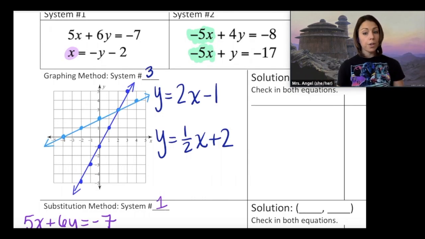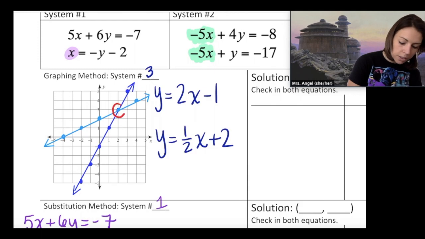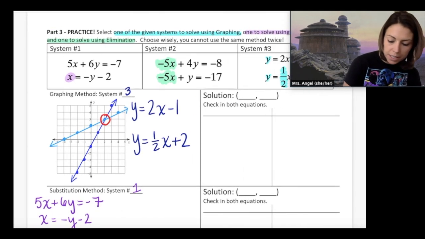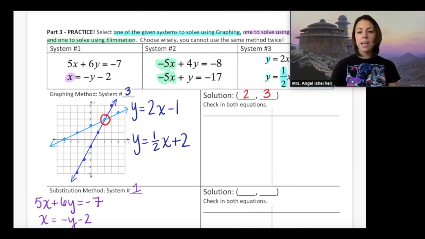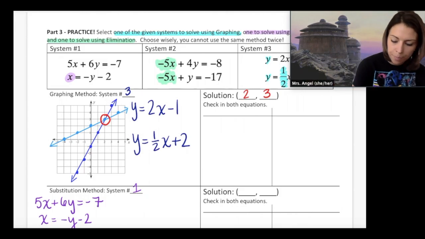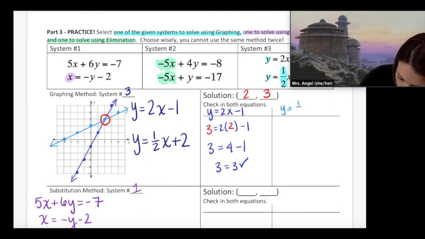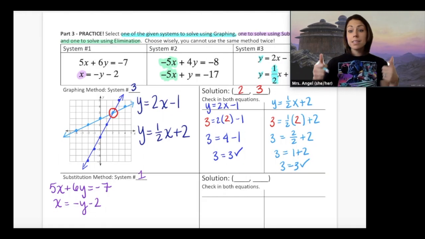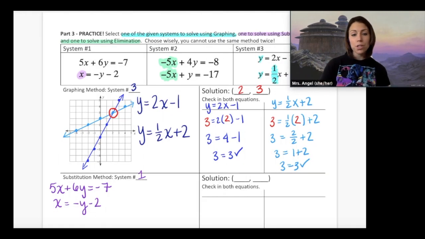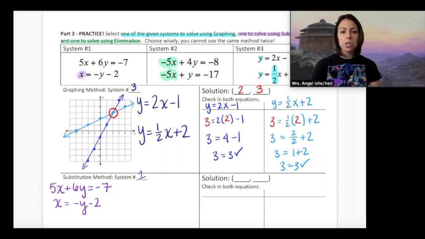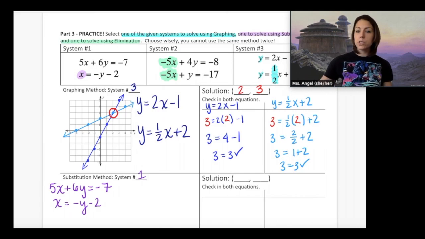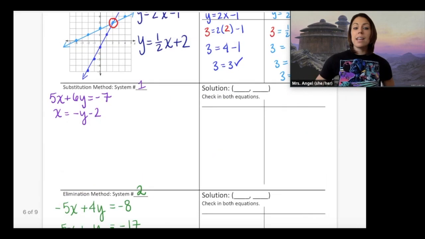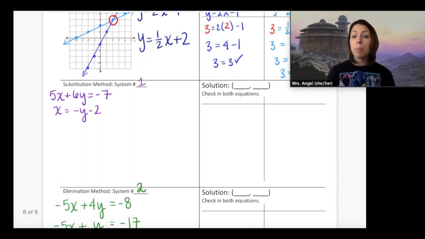Step 2, look for a point of intersection. Looks like these intersect at the point (2, 3). Step 3, check. Done. So it would appear that the solution (2, 3) is the correct solution for system number 3, which we used graphing for. All right, now move on to system number 1.